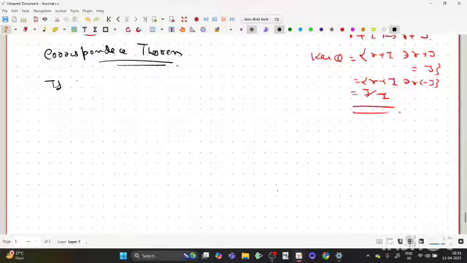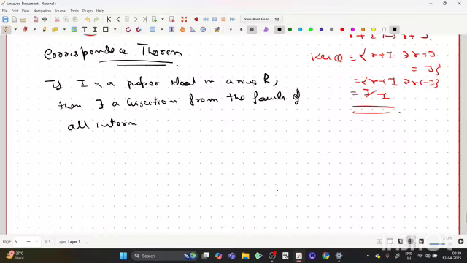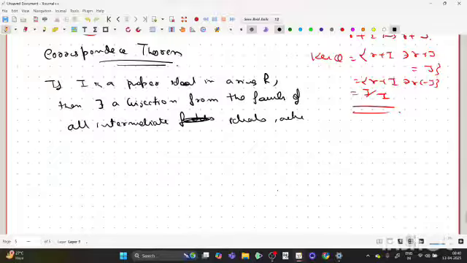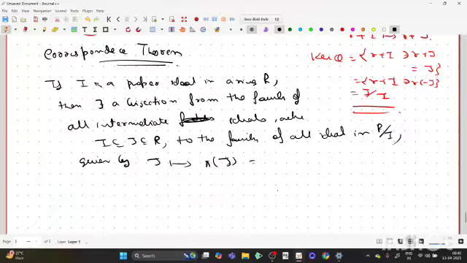If I is a proper ideal in a ring R, then there exists a bijection from the family of all intermediate ideals, where I is contained in J is contained in R, to the family of all ideals in R mod I, given by J getting mapped to phi of J, which is just J mod I. Clear?